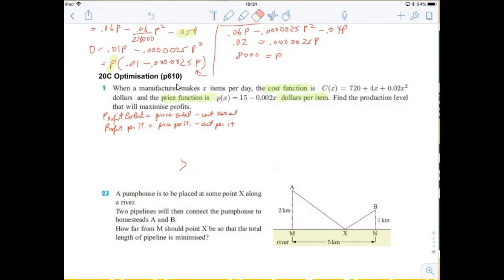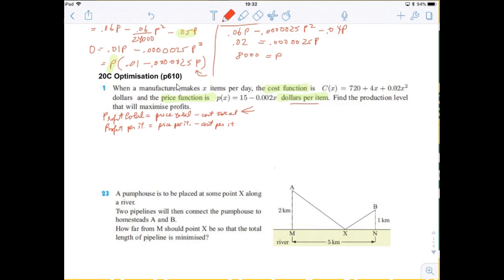So let's see. In this case, I think what's most applicable is you do total, because they're trying to maximize the profits for the company. So it doesn't matter what the profit is per item. What you need is the profit for the whole factory. So let's take the total price, which would be the price function, which is per item, and multiply it times the number of items, which is x.